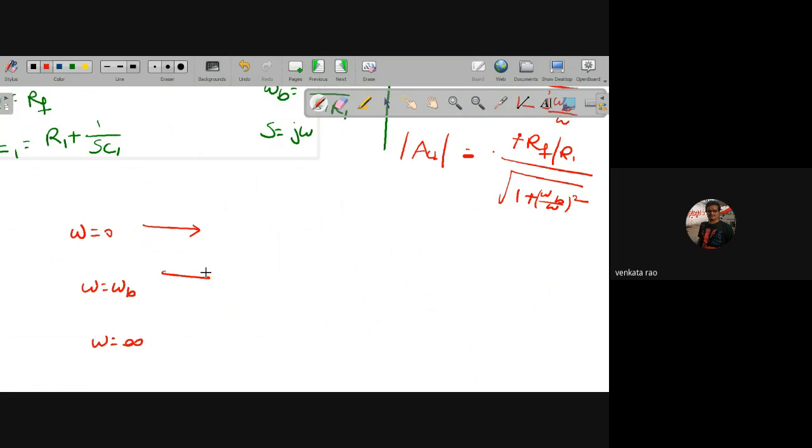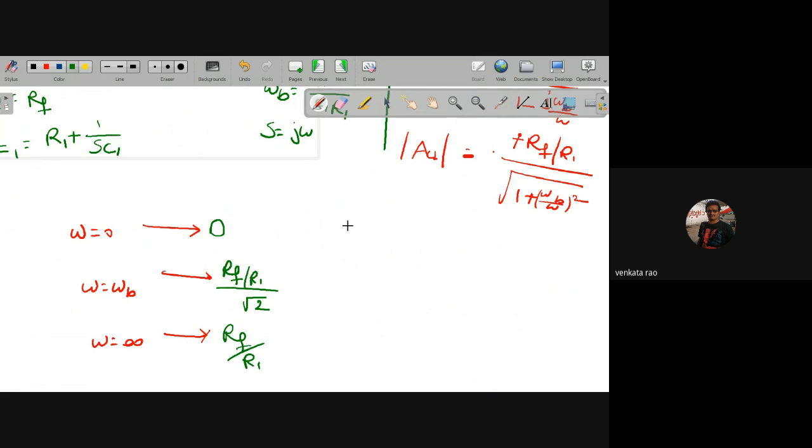At omega equal to 0, something by 0 is infinity, so 1 plus infinity is infinity, and something by infinity is 0. So our transfer function became 0 here. At omega equal to omega B, it became RF by R1 by root 2. At omega equal to infinity, something by infinity became 0, 1 plus 0 is 1, root 1, so RF by R1 max.